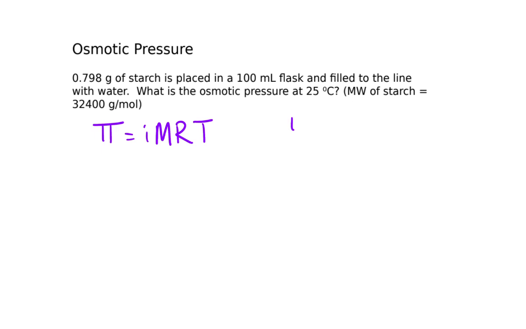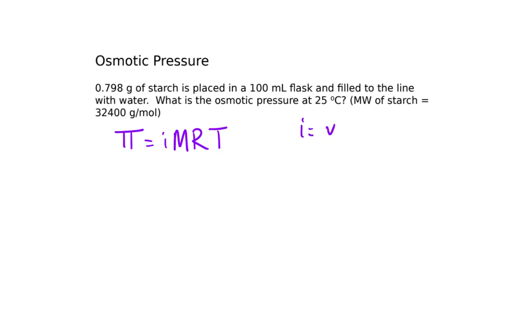So again, i is just like it was before. It's our Van't Hoff factor. Often with osmosis, we're thinking about larger molecules like proteins, sometimes sugars like glucose on the last example, things like that. And so in those cases, those are all non-electrolytes. i will be equal to 1.